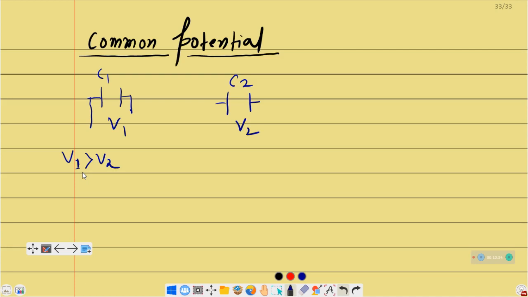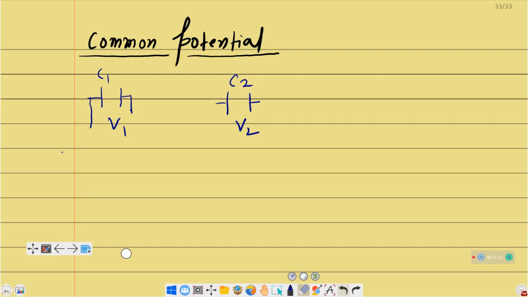At the time when the potential becomes the same, we call it the common potential. Here C1 and C2 are the capacitances of the two capacitors, and V1 and V2 are the potential differences of capacitor number 1 and capacitor number 2.